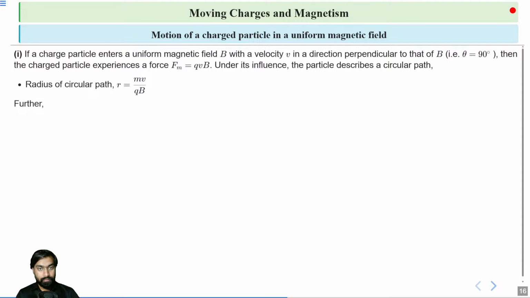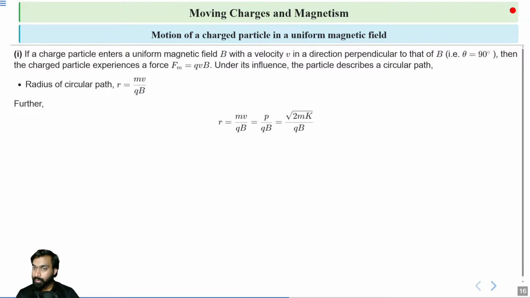Next, using momentum p equal to mass into velocity, kinetic energy K, and accelerating potential difference V, the radius can be expressed as r equal to p divided by qB, or mv divided by qB, which in terms of kinetic energy is under root 2mK divided by qB.